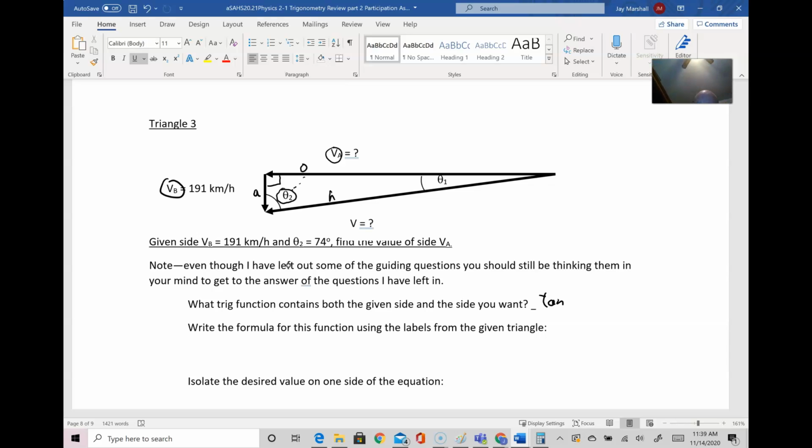Write the formula for this function using the labels from the given triangle. So I can say tangent of theta equals opposite over adjacent. And then if I put my labels in, the opposite is VA, the adjacent is VB.